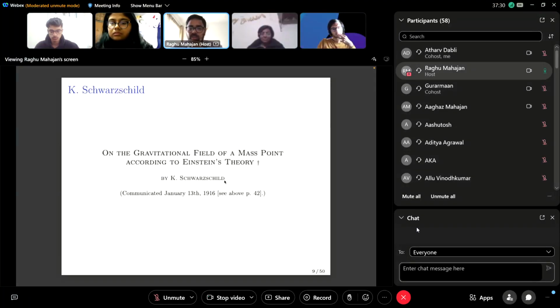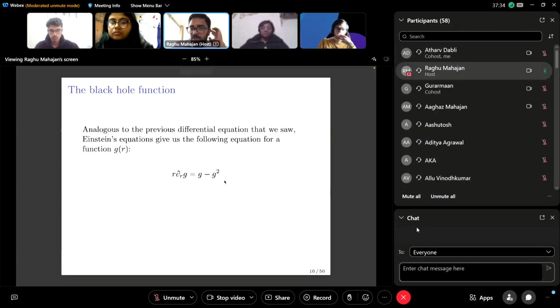So what does a black hole look like, described mathematically? Analogous to the previous differential equation that we saw for phi, Einstein's equations in this special case give us a simple equation for g. So g is some function now. Think of it as the analog of phi. And here is the differential equation: r dg/dr is g minus g squared.